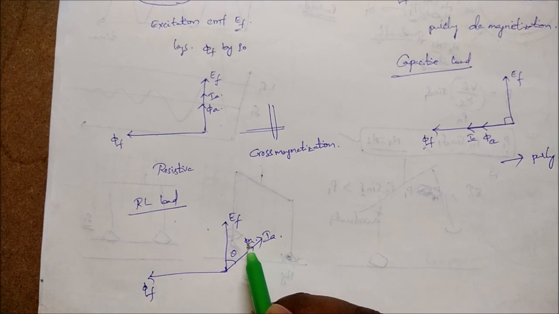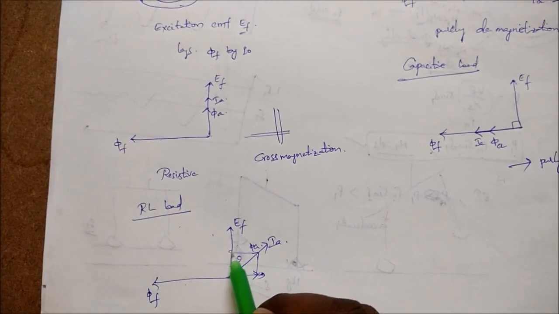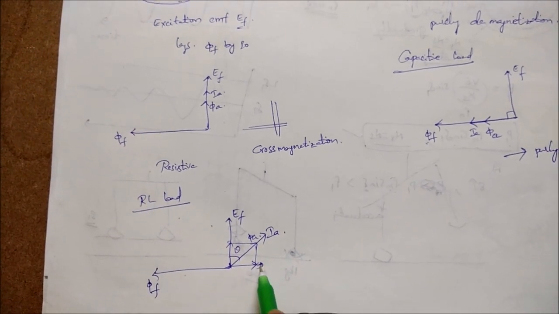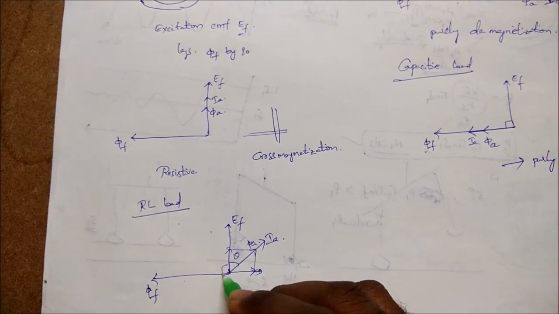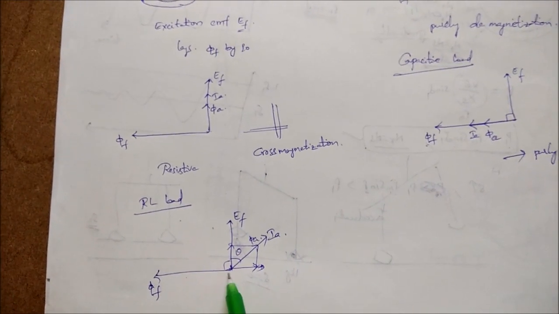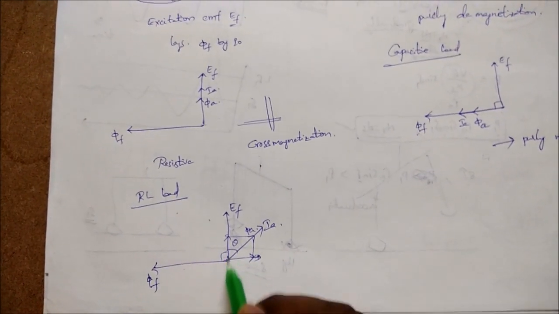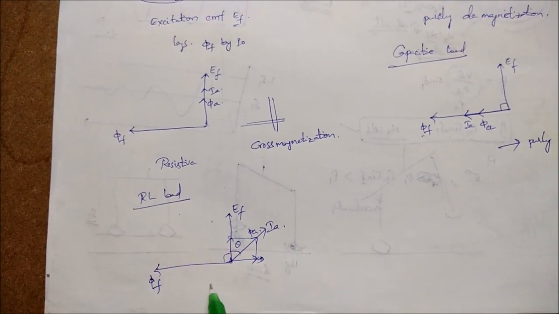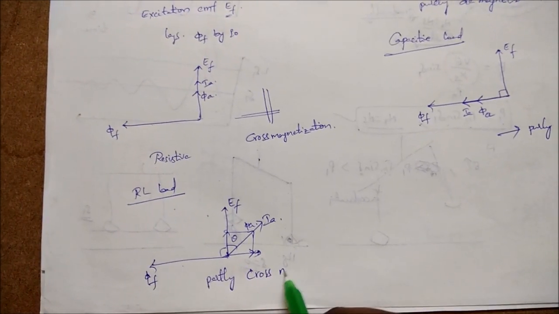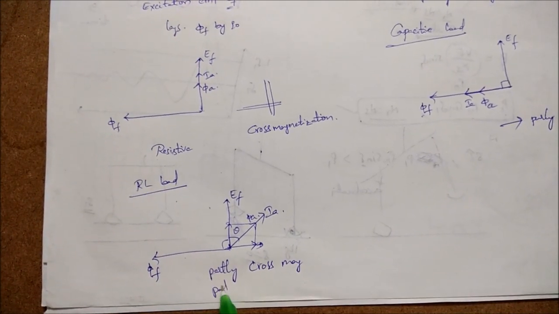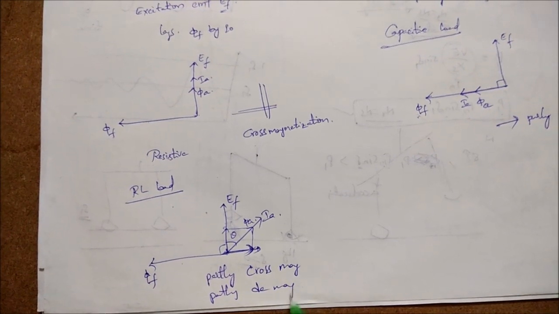Now if you resolve this phi A into horizontal and vertical components, one component is in opposite direction to phi F and one component is quadrature to phi F. Therefore, the nature of armature reaction is partly cross magnetization because of this component, and partly demagnetization because of this component.